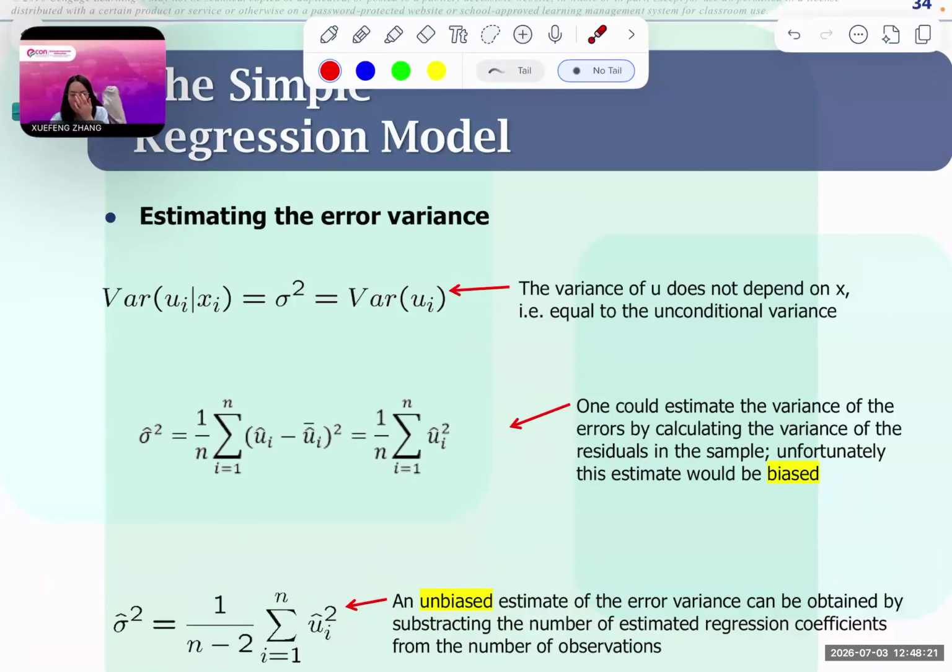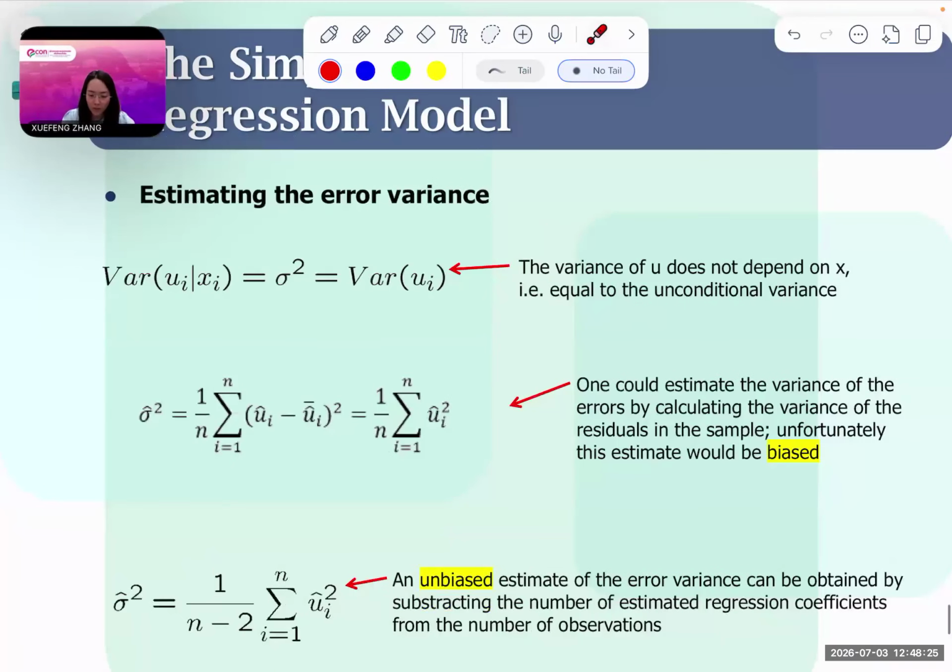But we don't know it, so we need to calculate it, okay? Here, this is the variance of mu, sigma square. The variance of mu does not depend on x, okay? Like equal to the unconditional variance, okay? So we just take the conditional on x out. So we get this one, variance of mu.